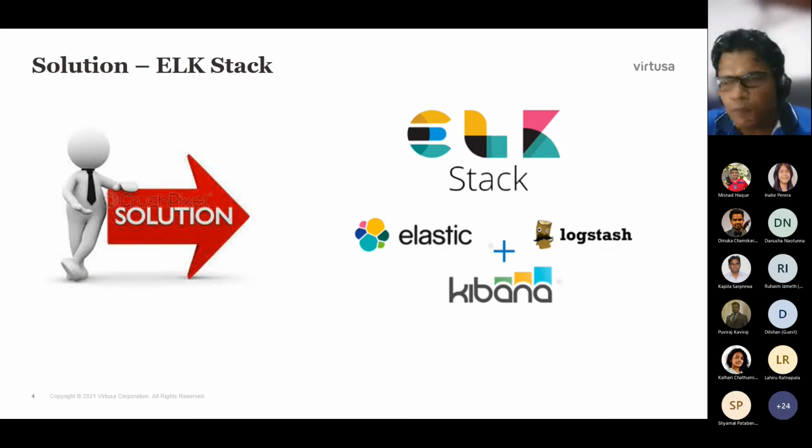So what is this? We call this the ELK stack, or Elasticsearch. By using the ELK stack, we can come out of this problem. If I have 10 application servers, I don't have to log into these 10 application servers.